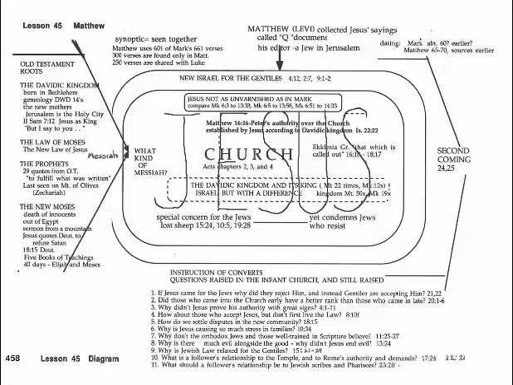Do what they tell you because it's out of the old law of Moses, but don't do what they do. So here are some of the problems raised by converts in the infant church that are addressed by this particular gospel that has the church in mind.